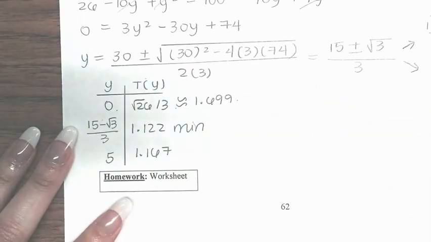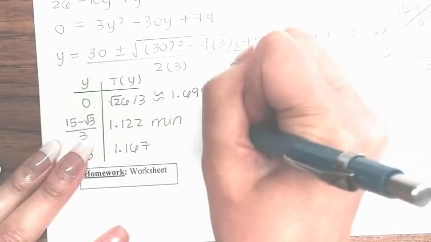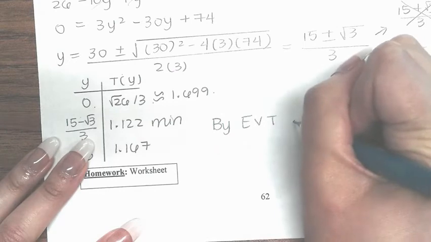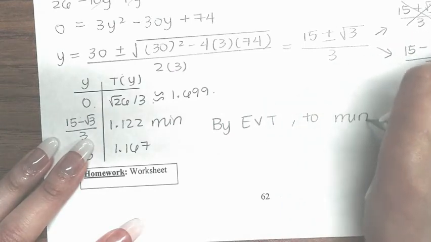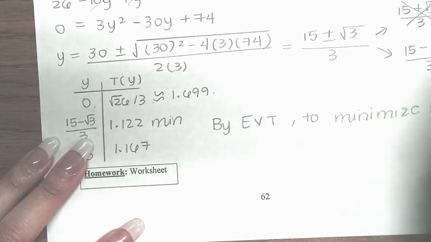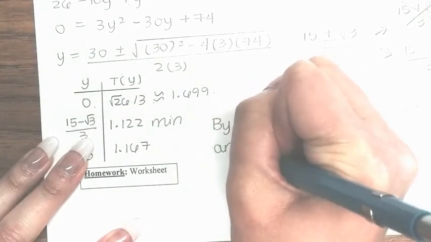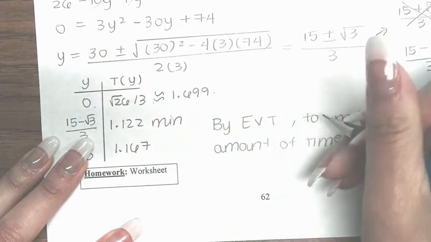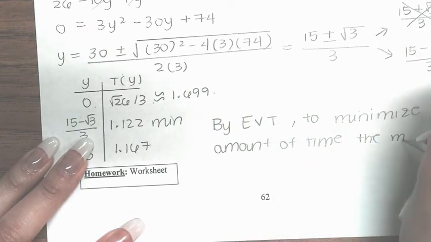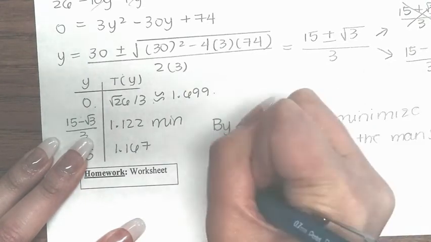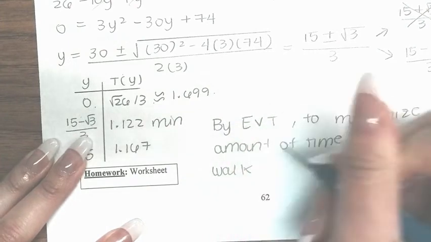So again, in this problem, by the extreme value theorem, to minimize his amount of time, the man should walk, how far should he walk?